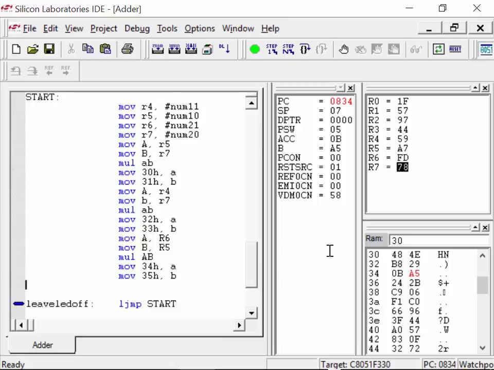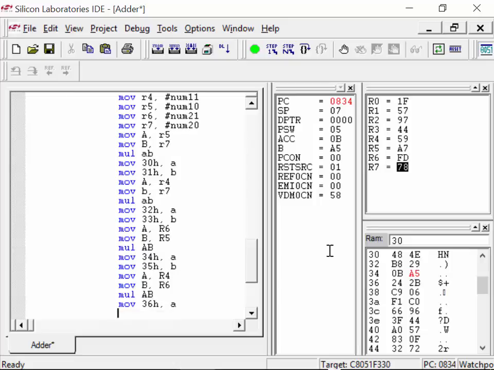So we're going to move into A, R4, move into B, R6, right there. Multiply AB, move, and now we're going to go 36 hex A, and move 37 hex B, right there.